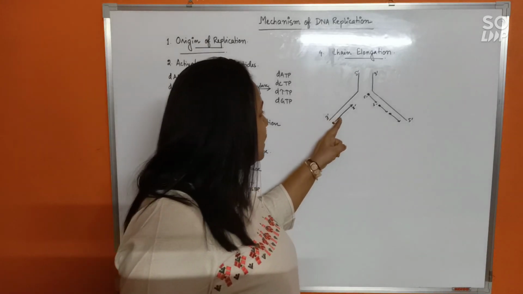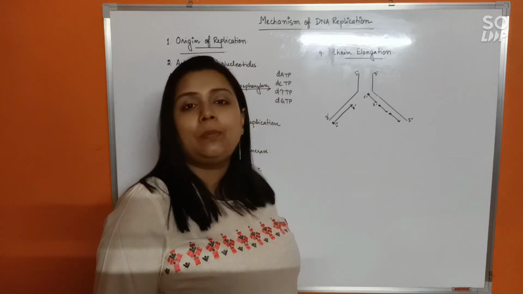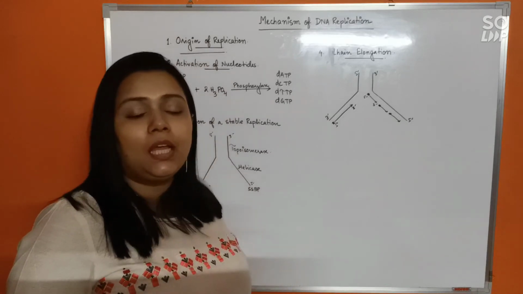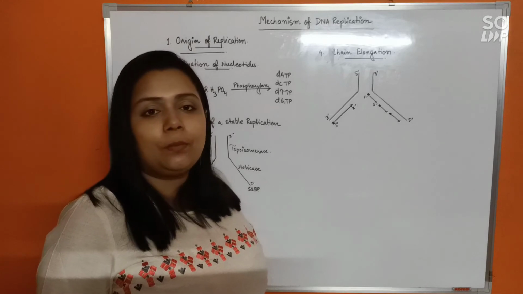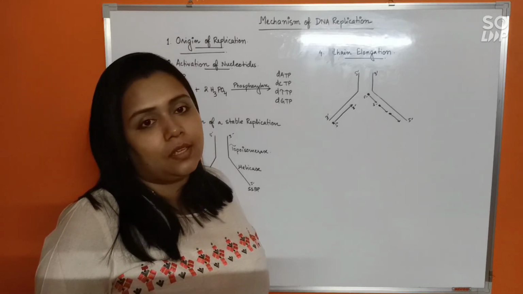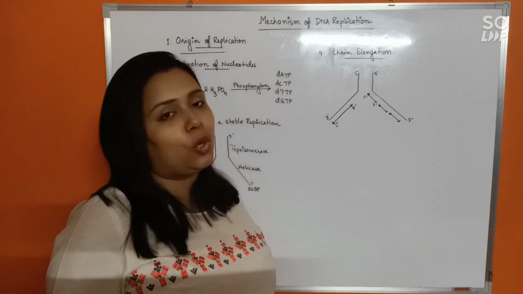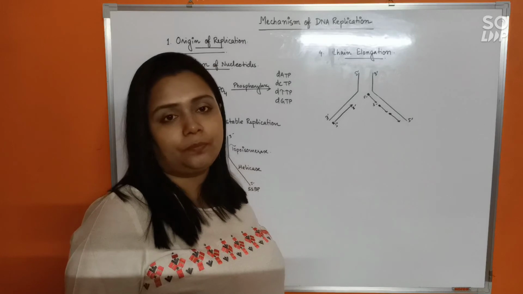So this is leading strand, this is lagging strand. Later on, all the primers will be enzymatically removed and the Okazaki fragments will be enzymatically sealed or joined together. The main enzyme here will be ligase. So using the enzyme ligase, all the Okazaki fragments will be joined together. That's how both the daughter strands will be formed.